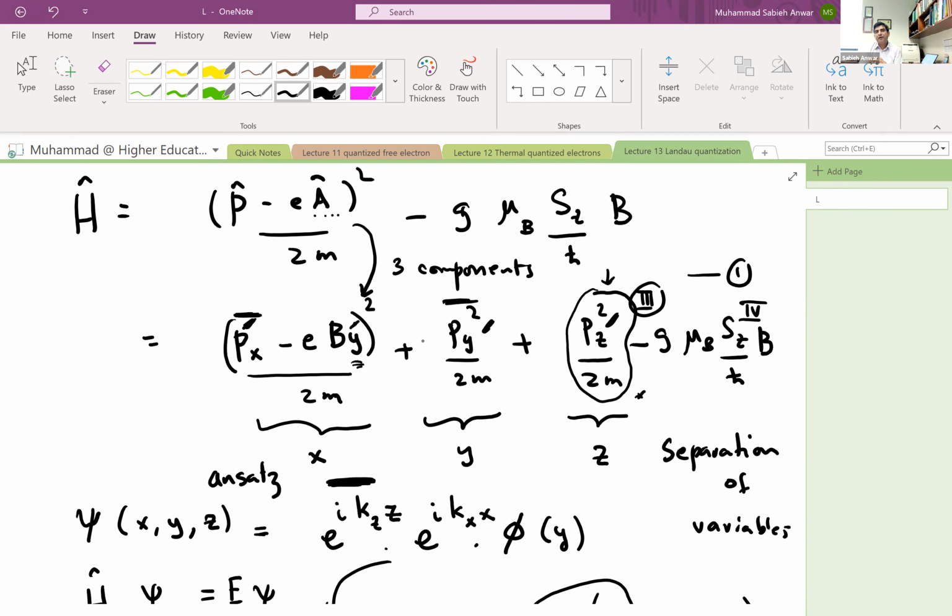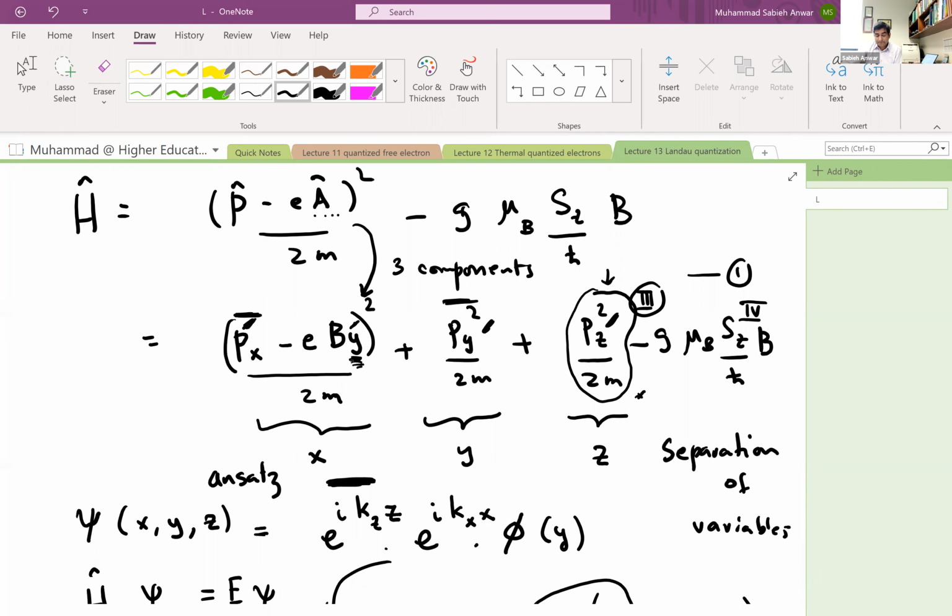But we are unsure about the y part because we have this y term here. So we just put all the y dependence of the solution into an arbitrary function, which we label as phi. Okay, so this becomes a trial solution, and then we see whether it works or not. So we see that it works for the third term. We see that it works for the fourth term. Now we would like to see whether it works for the first and the second terms. Okay, so did I answer your question?